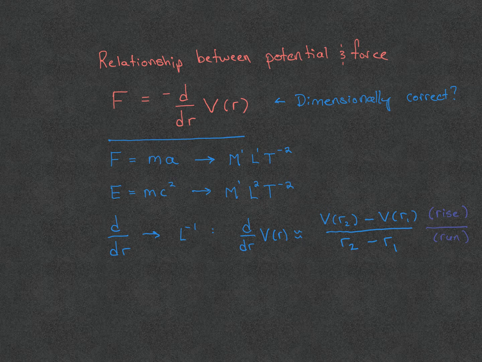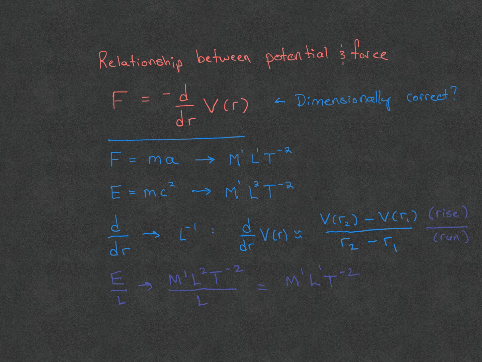And so the dimensionality of energy divided by length, from what we just said up here, must be mass to the 1, length to the 2, t to the minus 2, divided by length, which overall is going to be mass to the 1, length to the 1, t to the minus 2.